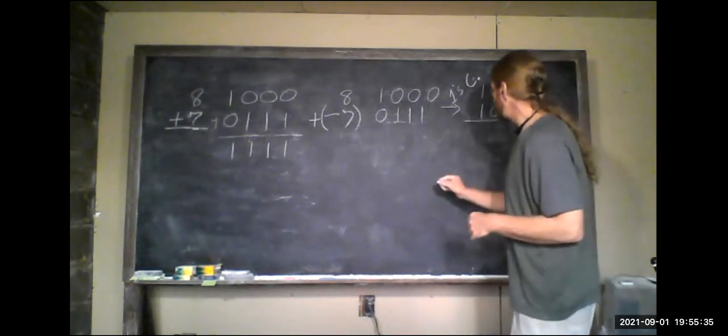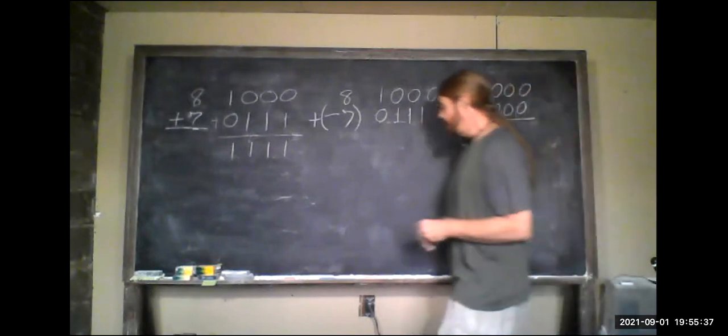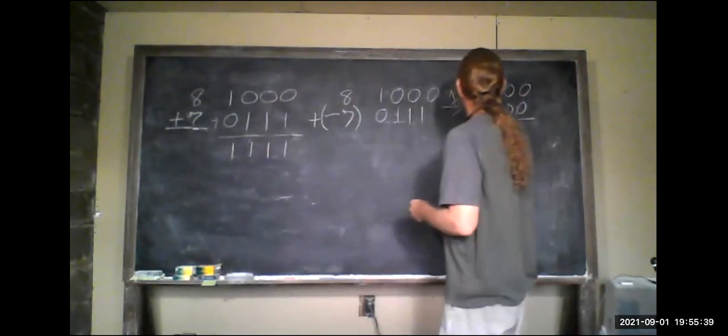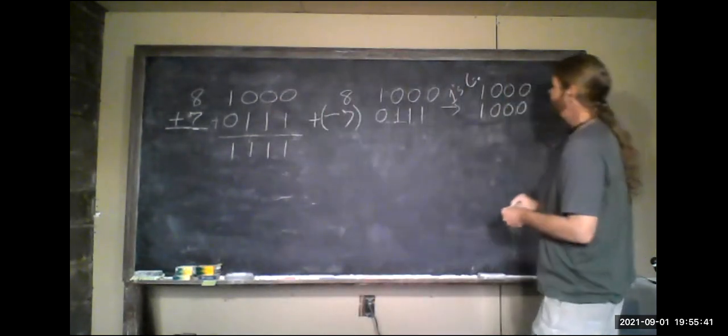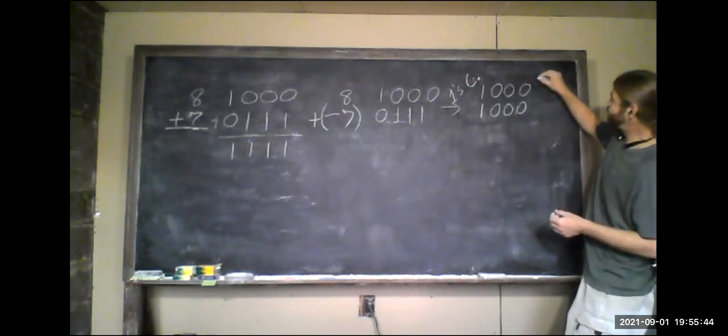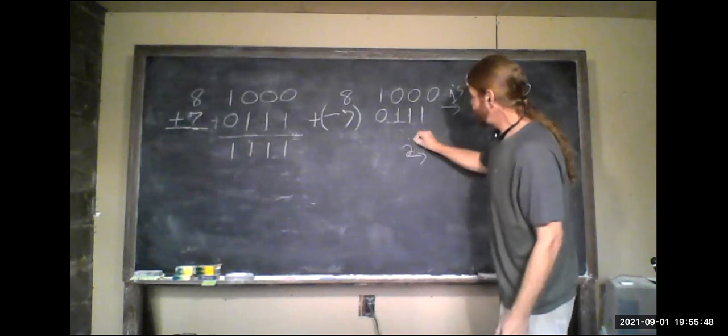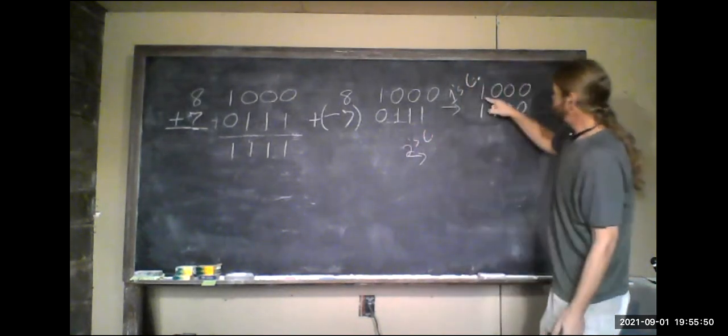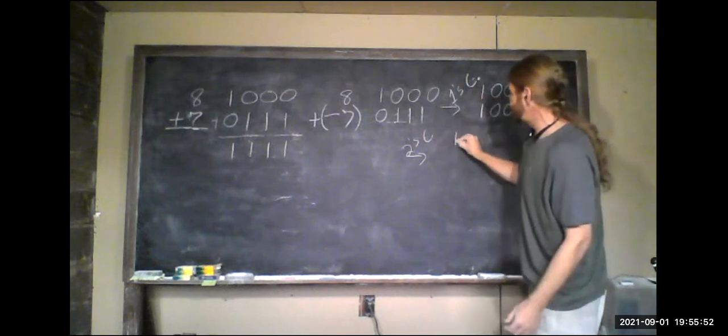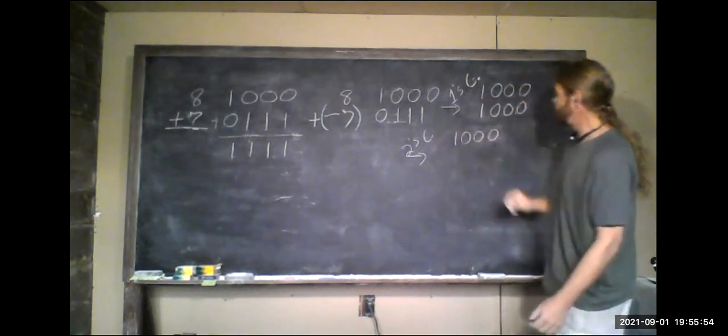Then we need our 2's complement. To get the 2's complement, we add 1. I ran out of room, so I'll put it down here. Our 8 is still positive, so it's still 1, 0, 0, 0.